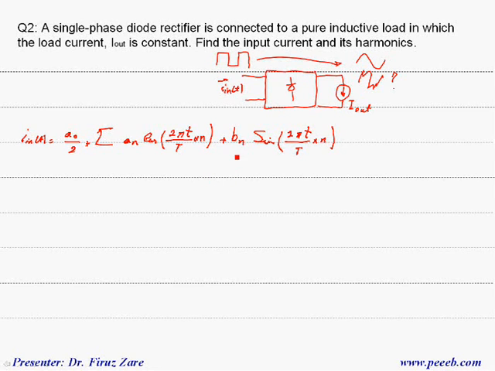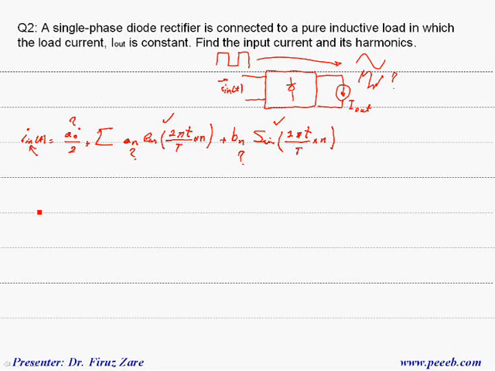So we have to find these factors to be able to define this current in terms of cosine and sine functions.